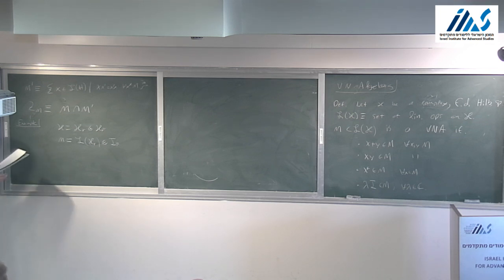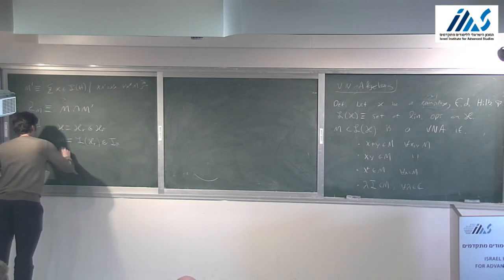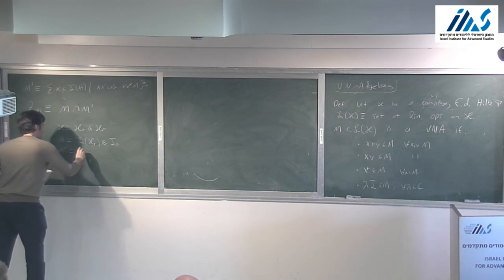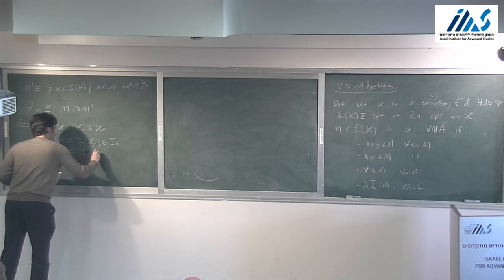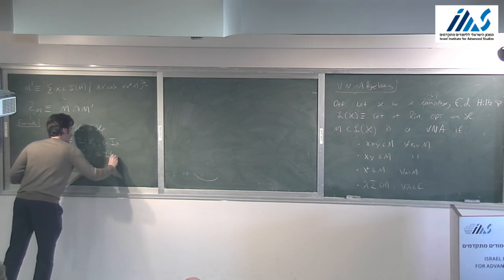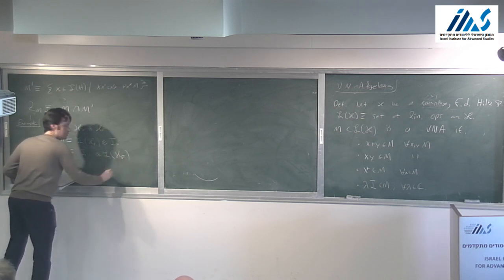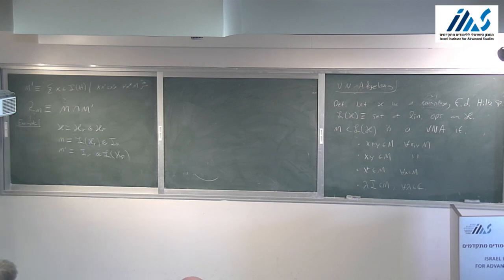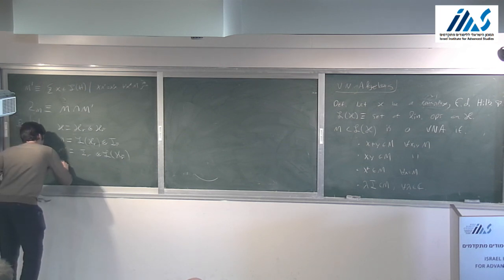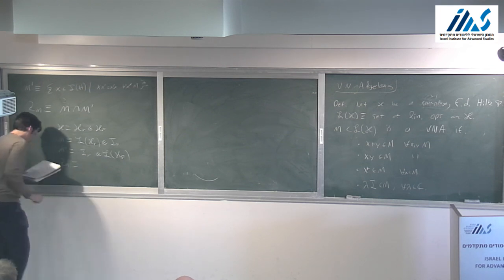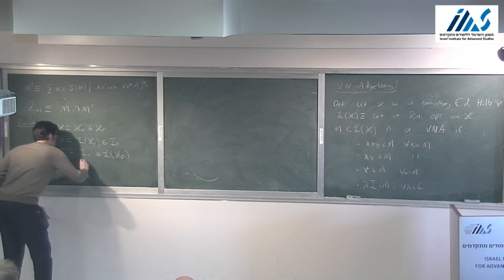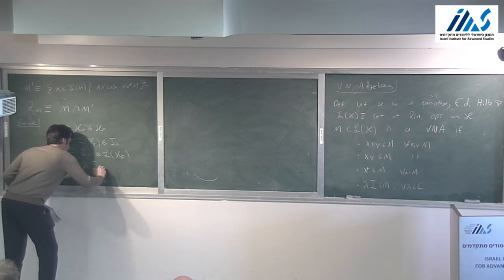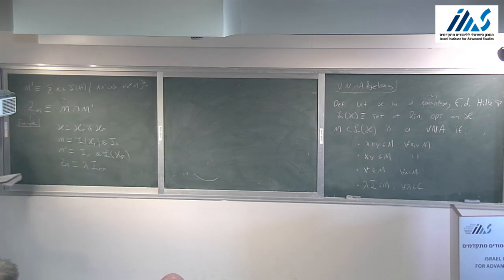Easy. You can also check that the commutant is just the identity on H_R, tensor all the operators on H_R bar. Fairly plausible, but maybe another homework problem if you want to check it. And finally, you can check that the center of M is just all the multiples of the identity operator on the whole Hilbert space. Okay.